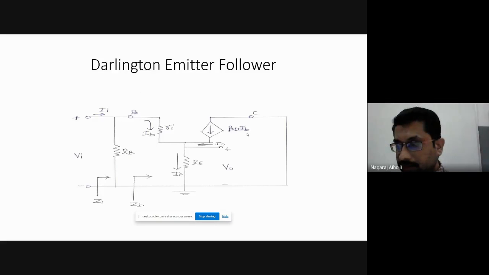Any questions here, students? Any doubts? Manjunath, any doubts? Rajat, Gaonkar Rajat Ramchandra, Vivek, any doubts here, Vivek?